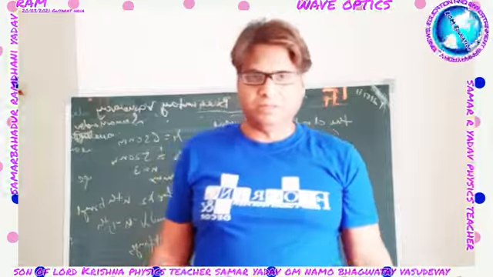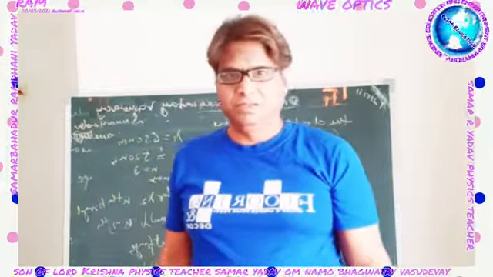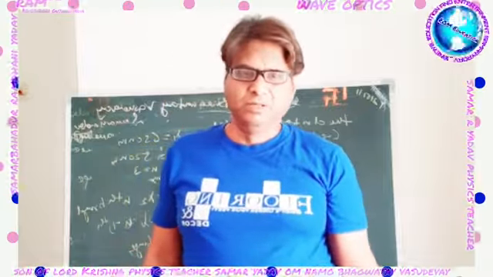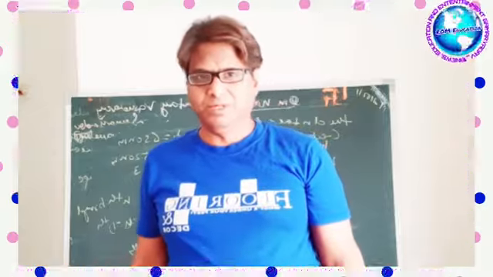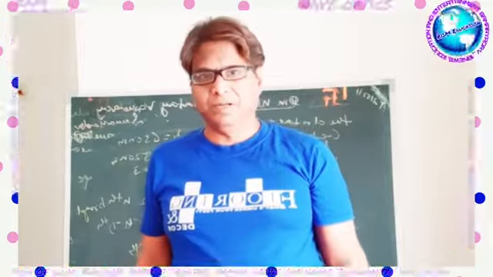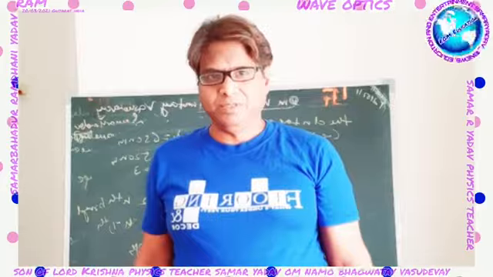So this is the way to understand this numerical. In this numerical, in Young's double slit experiment, n is equal to 3 and two wavelengths are given: lambda 1 is equal to 650 nanometer and lambda 2 is equal to 520 nanometer. We have to get the distance from the central maxima for n is equal to 3 for the wavelength lambda 1 is equal to 650.